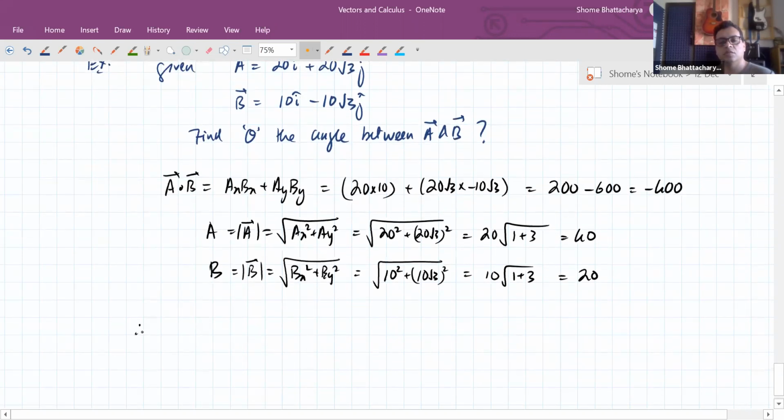So you can see that cos theta is A dot B divided by magnitude of A and B, or theta is cosine inverse of A dot B divided by AB.